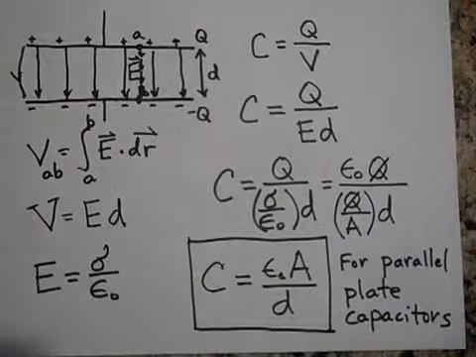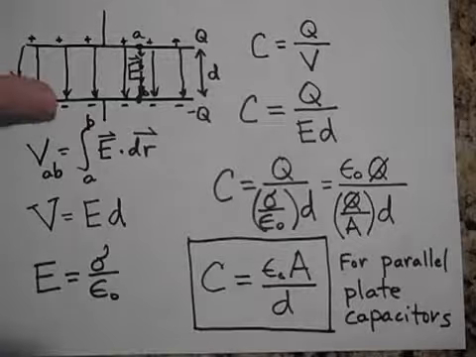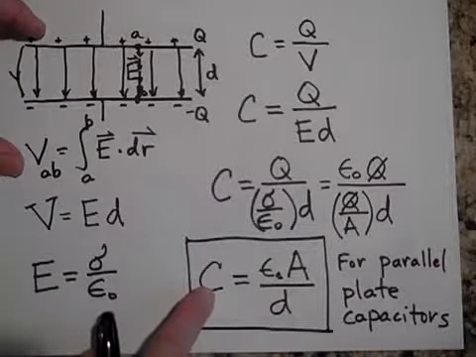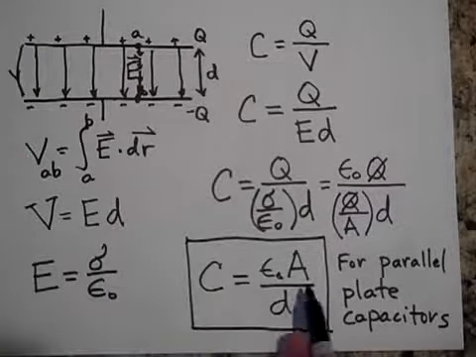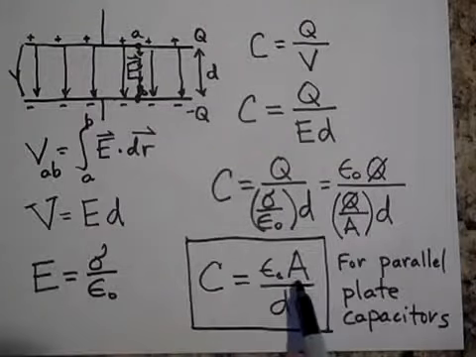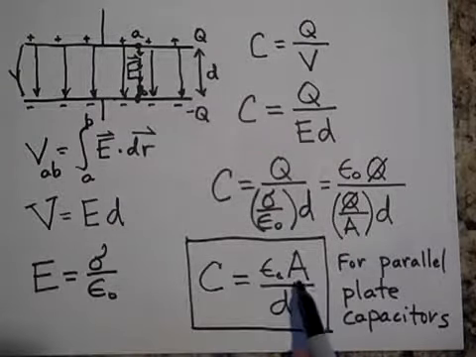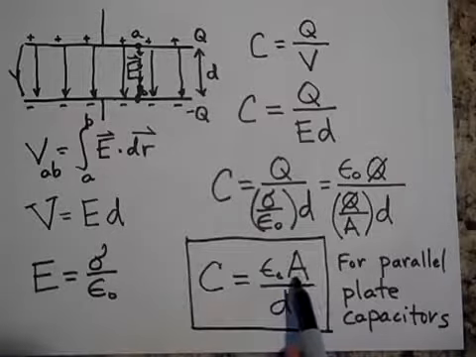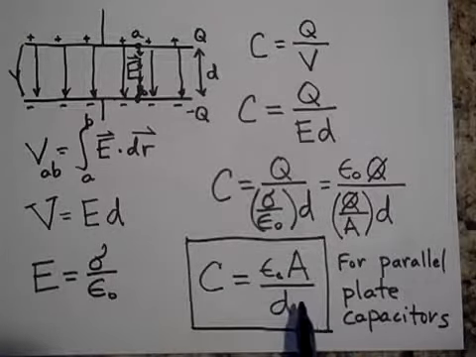So it's just saying that if you want to make a parallel plate capacitor that has a big capacitance, then here are your two options. You can make the plates really large. That way it will just have more capacitance, more ability to store charge. Capacitance is the ability to store charge. And so if you make the plates really big, you make the capacitance bigger.